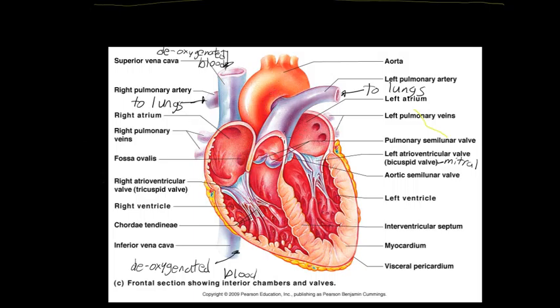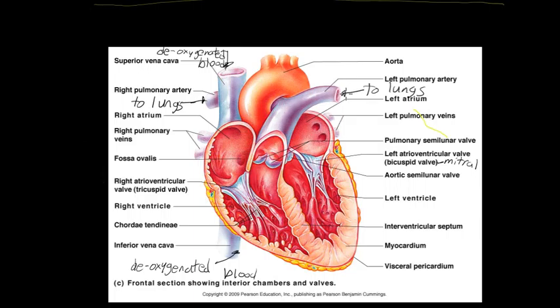But so when this aortic semilunar valve opens, blood is pumped from the left ventricle to the aorta and through it, and this aorta splits into many branches that deliver this newly oxygenated blood.